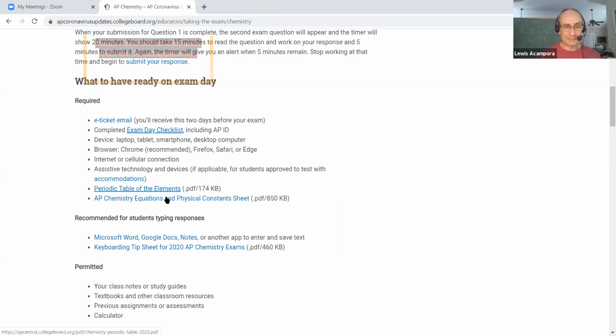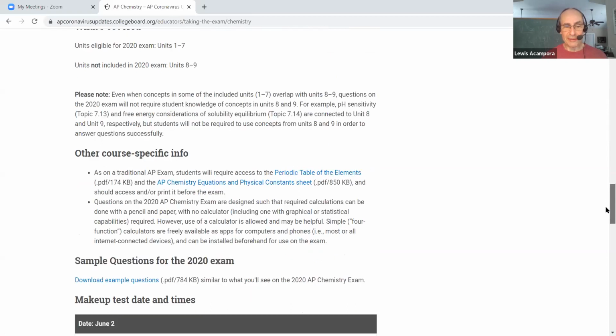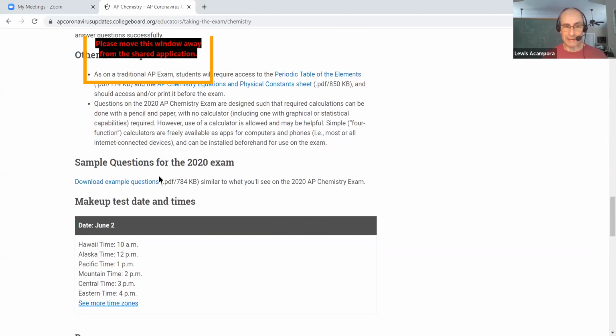And then the AP Chemistry equations and physical constants sheet. And I'm going to post these all on the AdvanceKentucky KY 2020 website for those of you who might not have a chance to get them from the College Board. You'll also note that there is a sample question that's been downloaded.